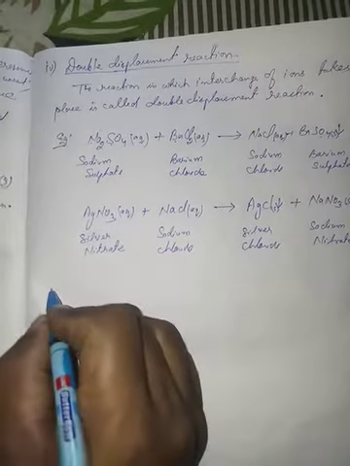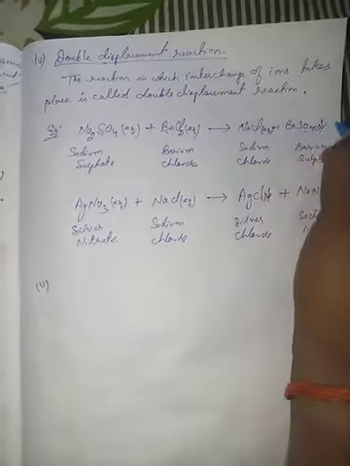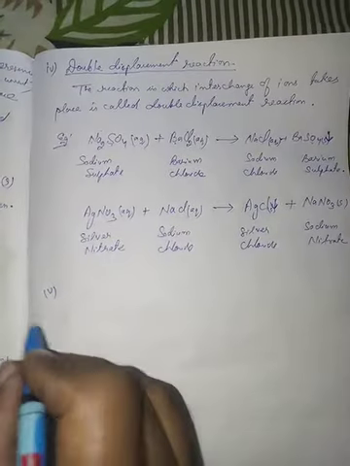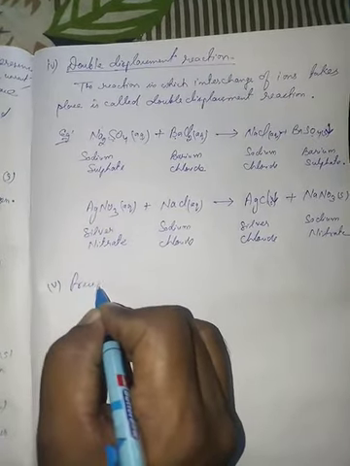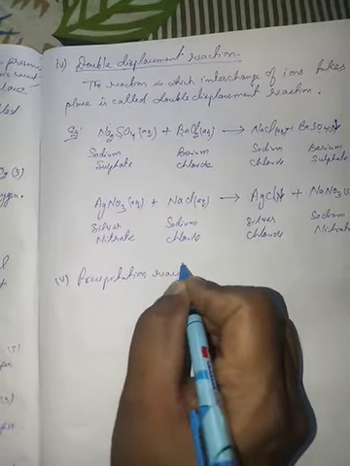next, fifth one is precipitation reaction. These are also examples of precipitation reaction because solid insoluble substance is formed. Precipitation reaction.